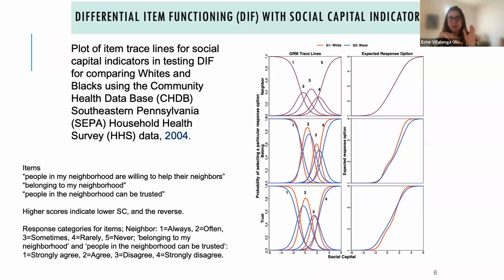If you check the graph, the magnitude of the differences does not look extremely large, but there is non-uniform DIF, and this is telling us that this DIF is problematic. Here there is an interaction: the red curve is lower and then higher, and the reverse here. And this is an issue.